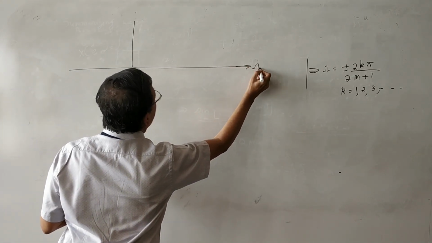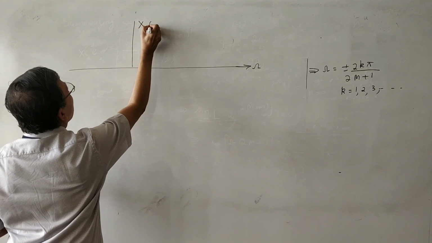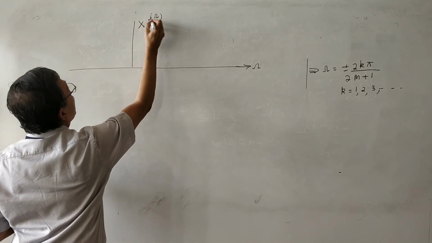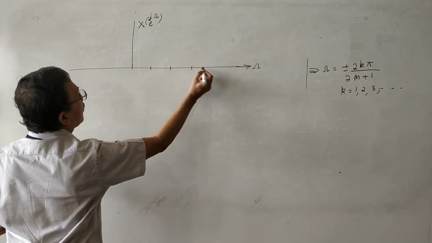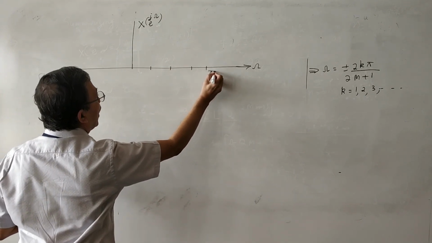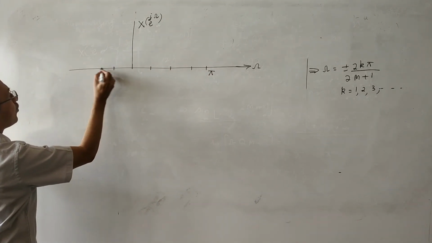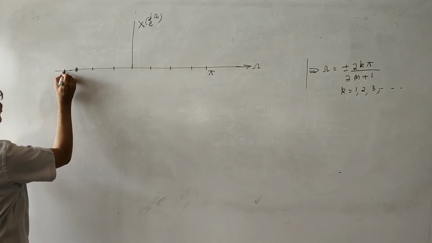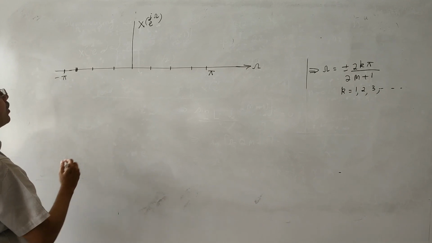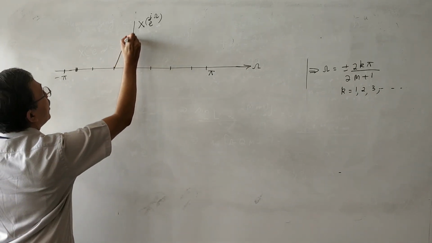The X-axis is omega, the Y-axis is x of e power j omega. I take equal intervals on the X-axis. Let us say this is pi, and this is minus pi. Now the function is oscillating.